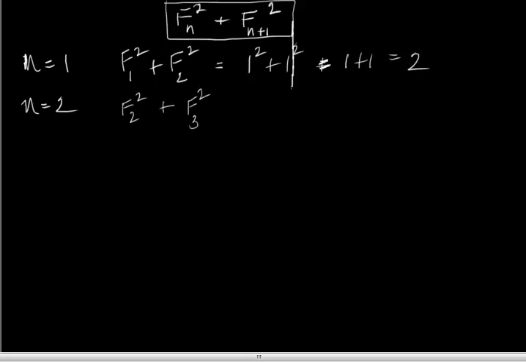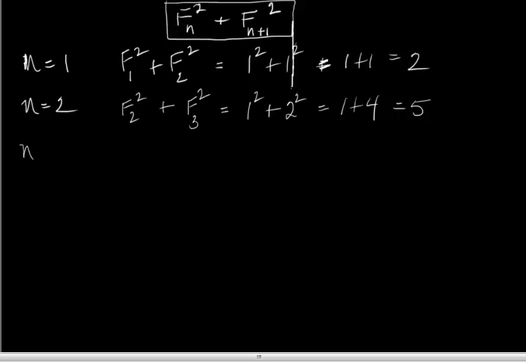When n is 2, n plus 1 is 3. So the second Fibonacci is 1, 1 squared. The third Fibonacci is 2, so we'll want 2 squared, is equal to 1 plus 4, or 5.